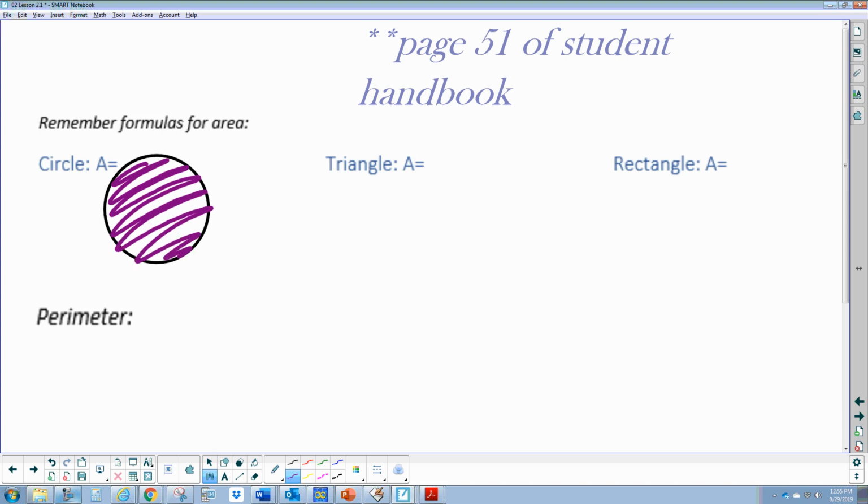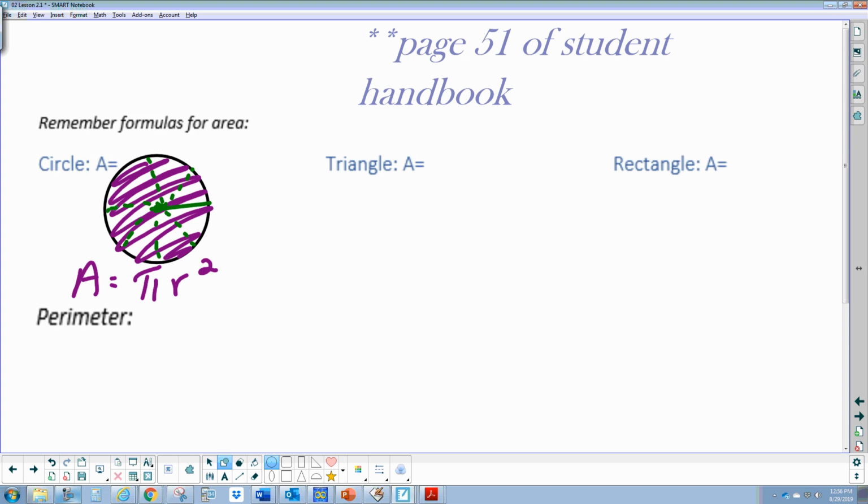Okay, so for a circle, area equals pi times the radius squared. And remember that the radius measures the center of the circle to any point on the outside of the circle. So these are all radii, and they are all congruent lengths.